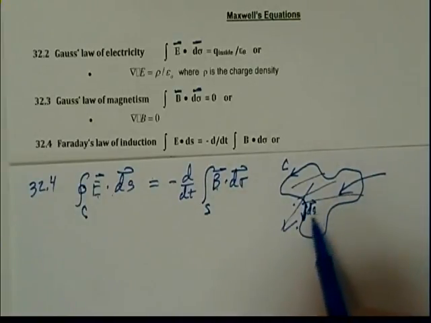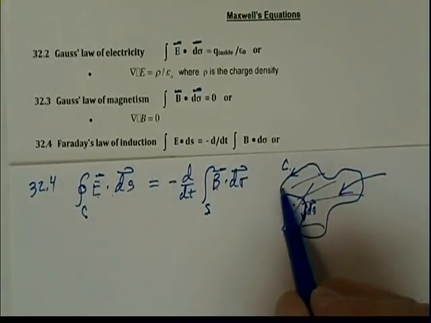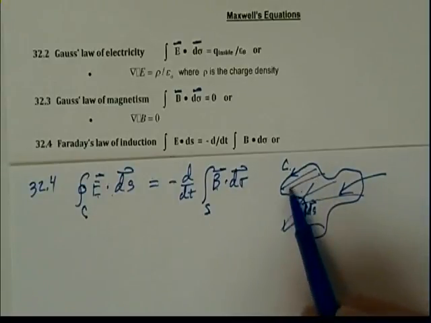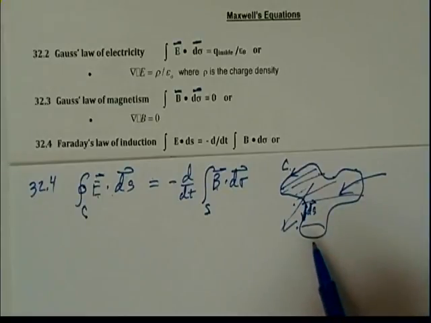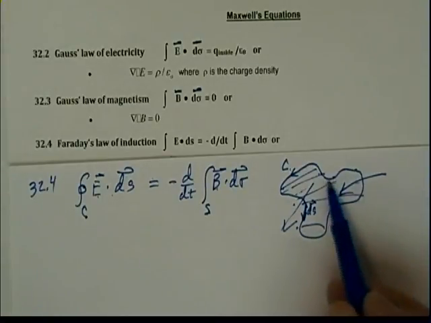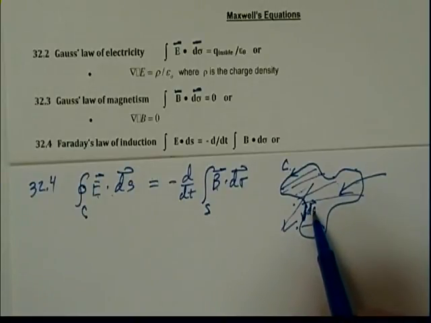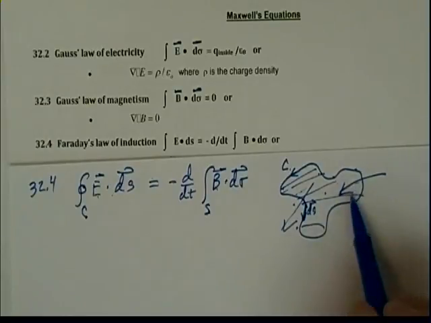What surface? Any surface that has its edges on this curve. If we imagine a surface, it could be like a balloon or a piece of rubber stretched over this curve, or it could be like a soap bubble. That's a good way to think of it. The wire that the soap bubble is formed around defines this soap film surface, and we can say how much magnetic field comes through this whole surface.